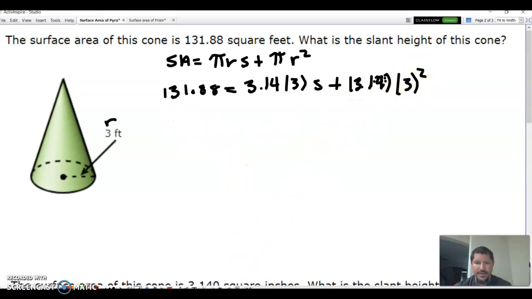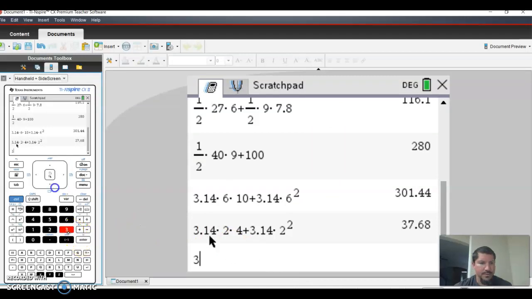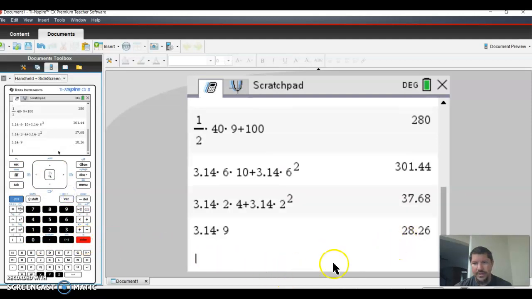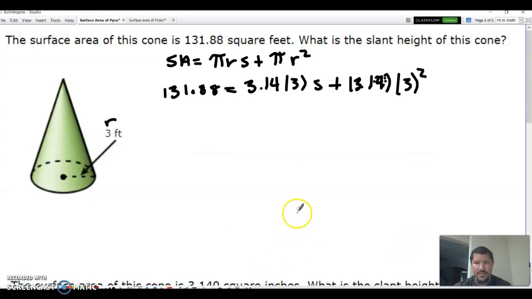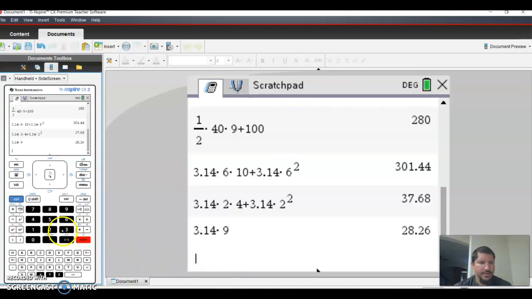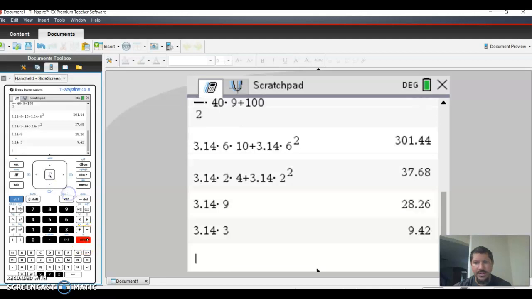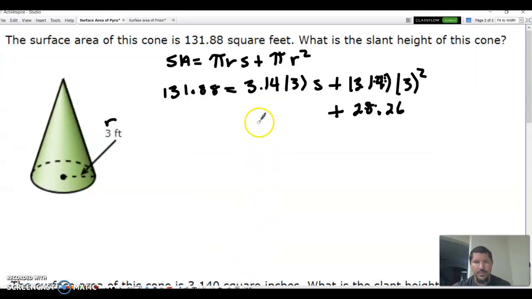So right here, that's going to be 3.14 times 9, which is 28.26. And 3.14 times 3 is 9.42 S.